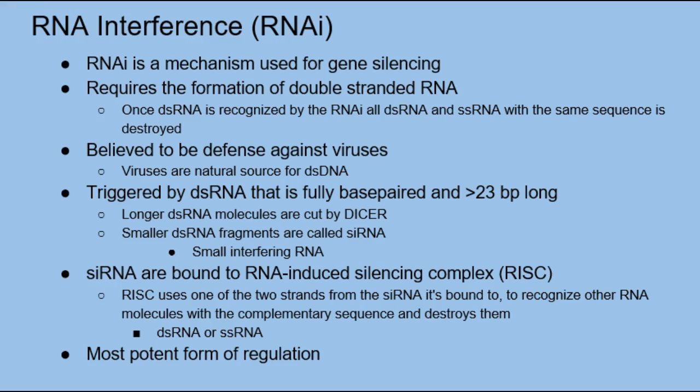RISC uses one of the two strands from the siRNA that it's bound to recognize other RNA molecules with the complementary sequence, and basically it destroys double-stranded RNA or single-stranded RNA. And RNAi is the most potent form of regulation.